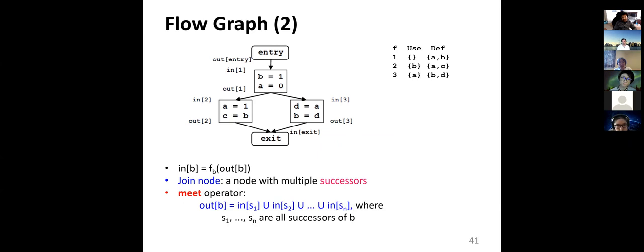So if we are doing a forward analysis, our equation will be like the input will be in terms of the output of predecessors, and for backward analysis, our equation is like in terms of out to be the meet operator of the ins. Is this the common way to do it? Yeah, it's a common way, but things might change.